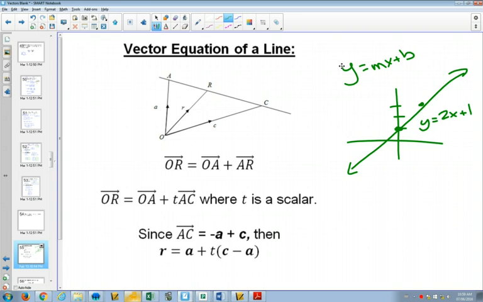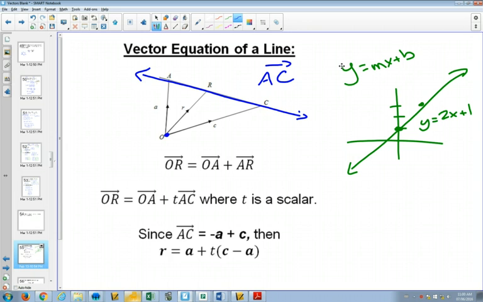And the idea is this. Here's our line. We've got some line, whether it's in 2 dimensions or 3 dimensions, that's blue like this. The direction of that line is the vector AC. Does that make sense? What we're going to use is our position vectors.